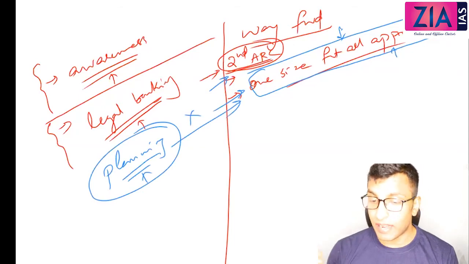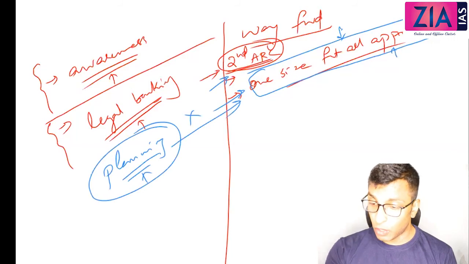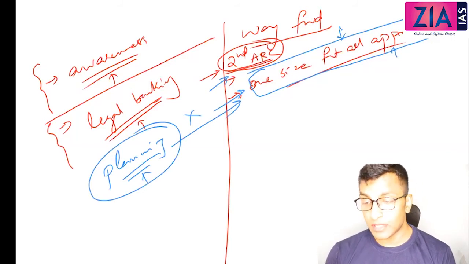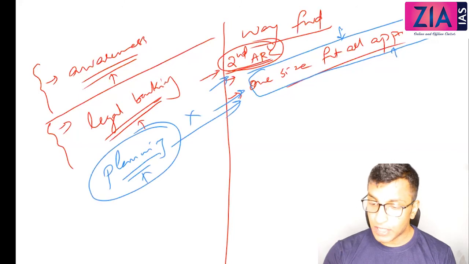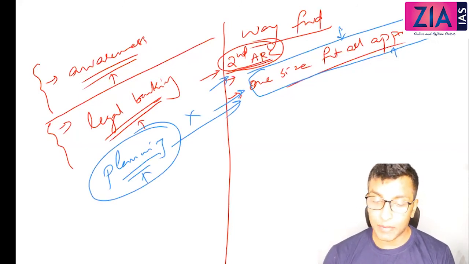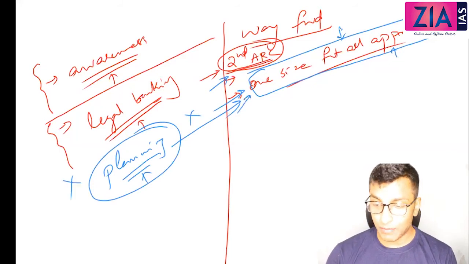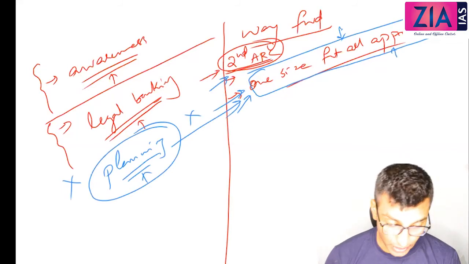That's the reason why, when I discussed Amartya Sen, I told you about the bottom up approach rather than the top to bottom approach. Top to bottom is the trickle down approach. You throw something to the top, it will come down. So you achieve growth, and automatically development will happen. That is not necessarily possible. So that's exactly the same concept, and that is something you can write here.